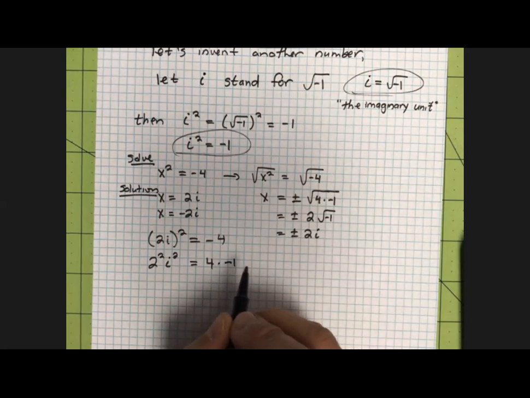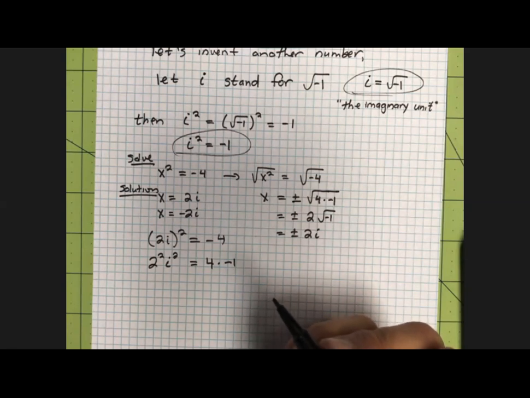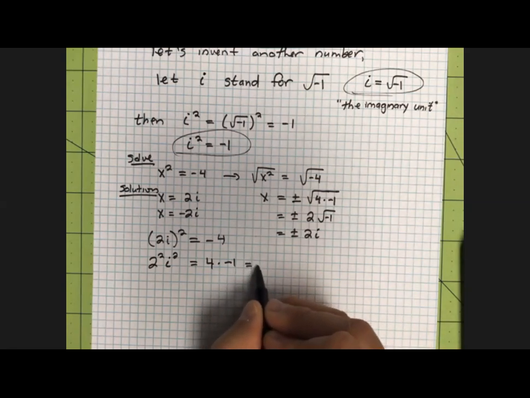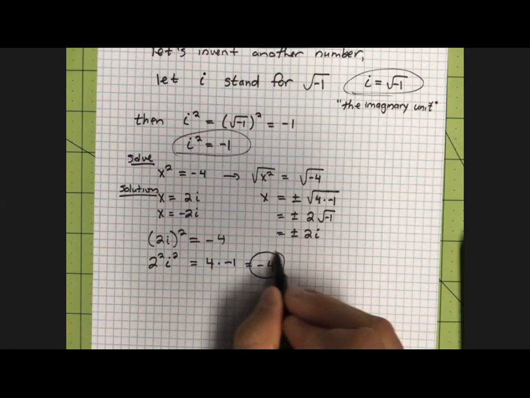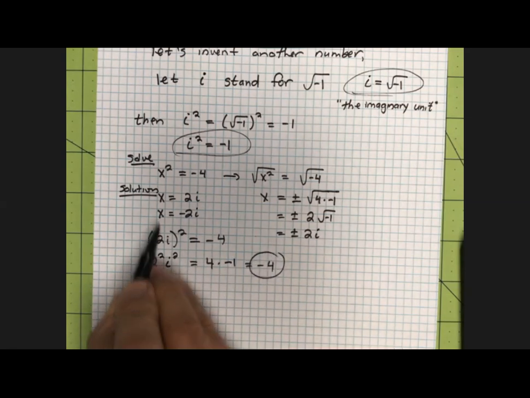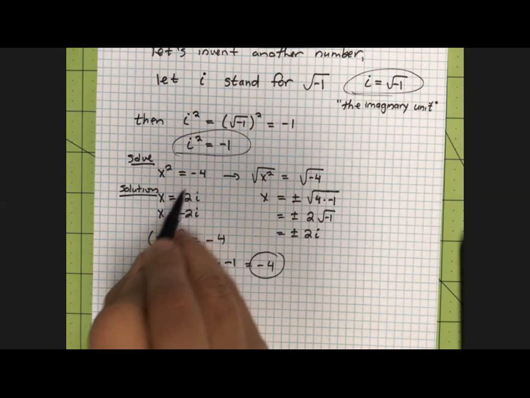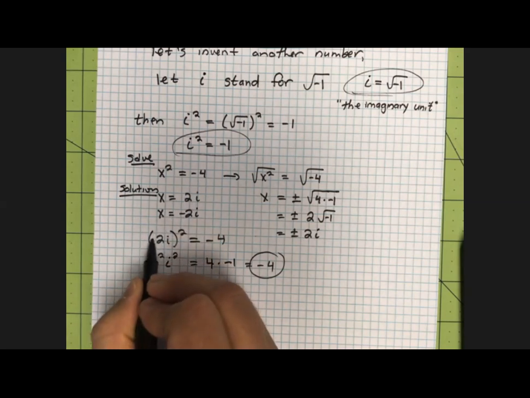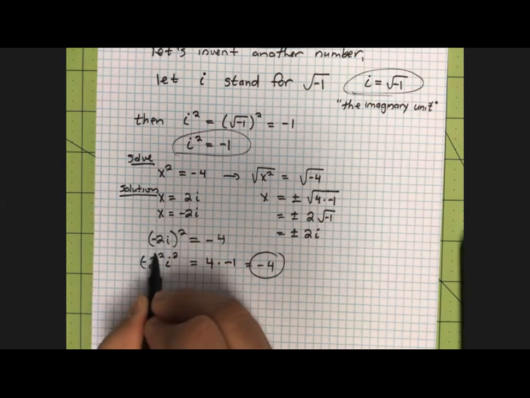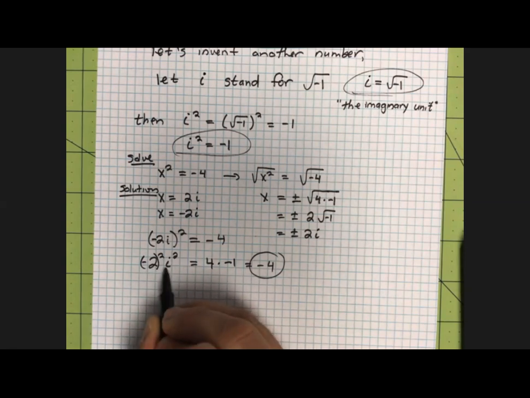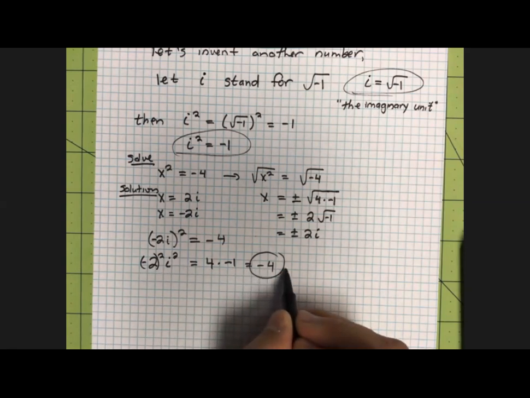Well, we didn't invent it. It was invented a couple hundred years ago. And that's minus 4. So 2i is an answer to this problem. And minus 2i would likewise be an answer, because squaring minus 2 would give you 4, and squaring i would give you minus 1.